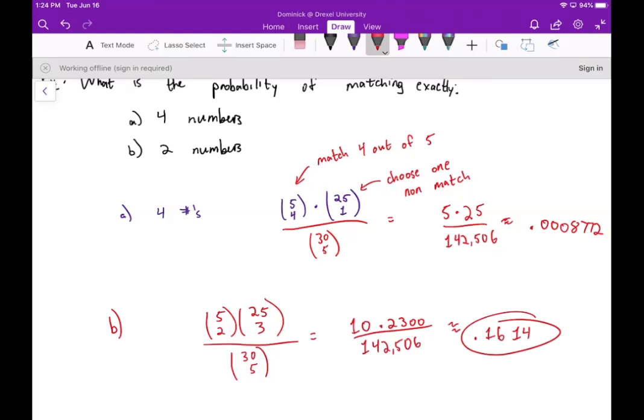So your probability of matching exactly two numbers is much better.